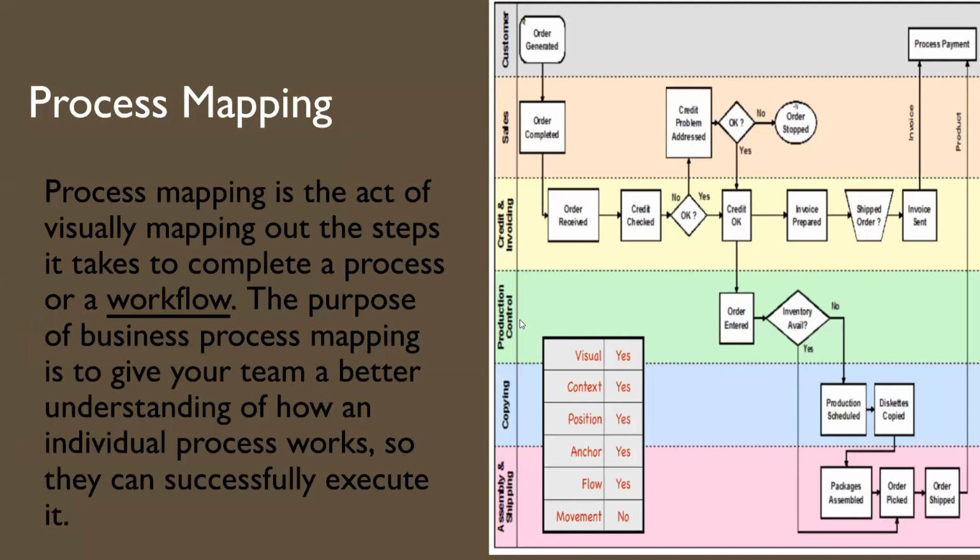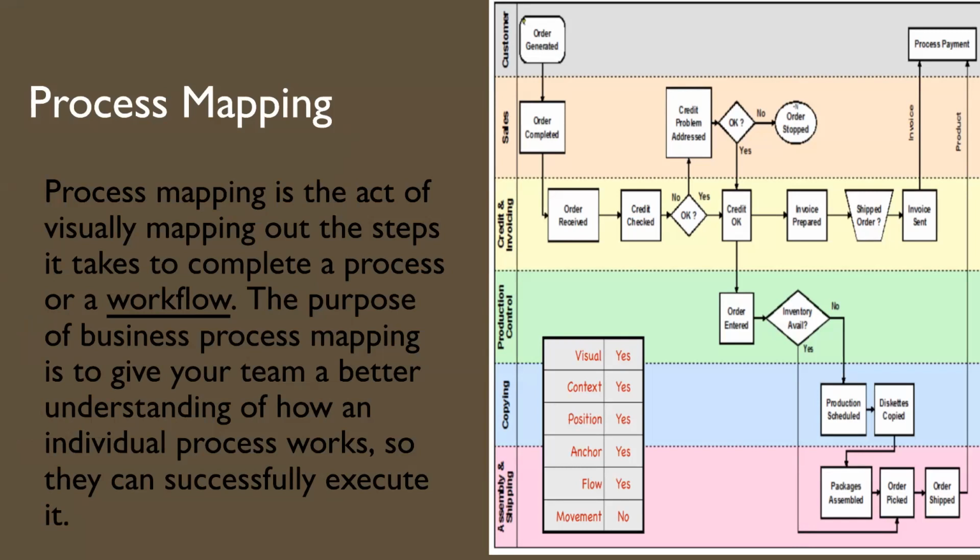What is process mapping? Process mapping is just a visual representation of a process or a workflow. Simply put, process mapping is the simplification of a process to the stakeholders.